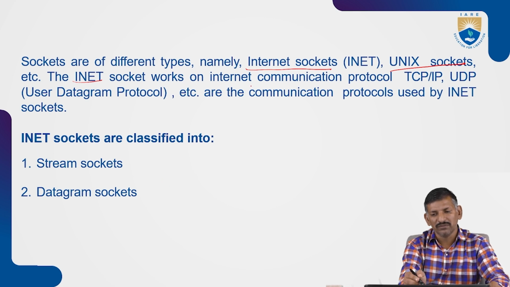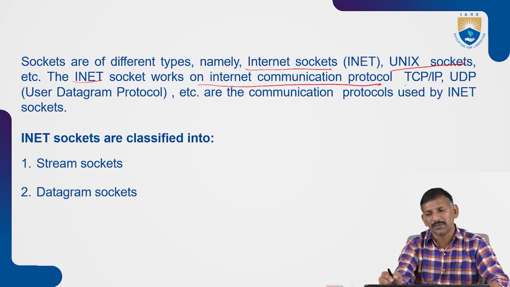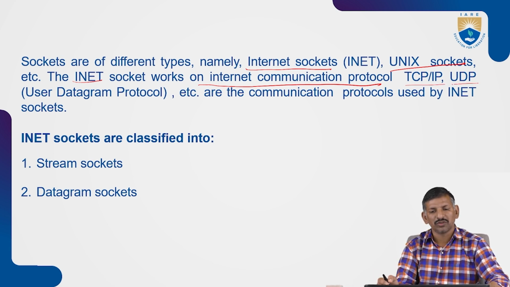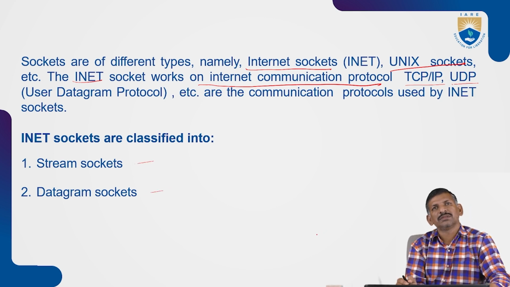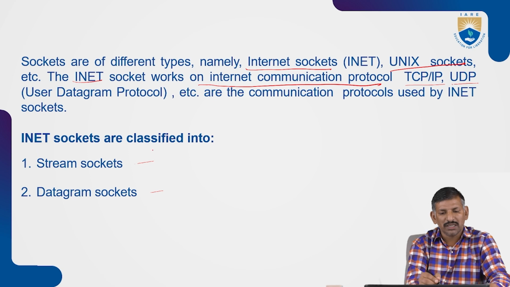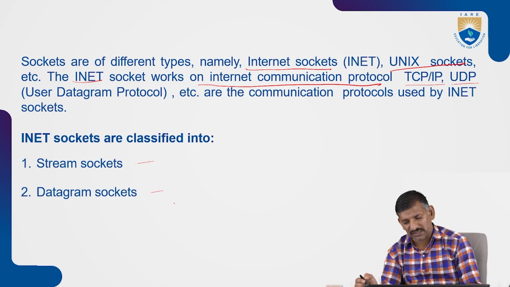It works on the principle of internet communication protocols, for example TCP/IP or UDP, the User Datagram Protocol. Internet sockets are of two types: stream sockets and datagram sockets. Stream means bulk data will be transmitted, datagram means packets will be transmitted.